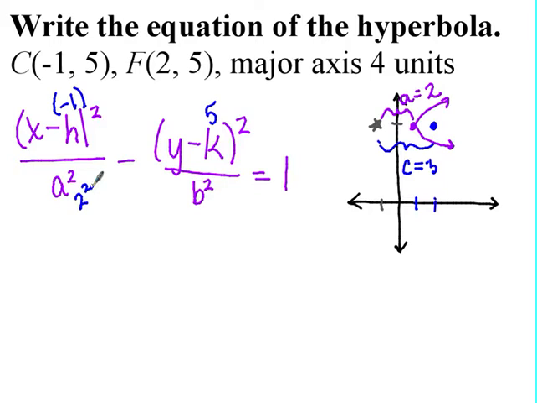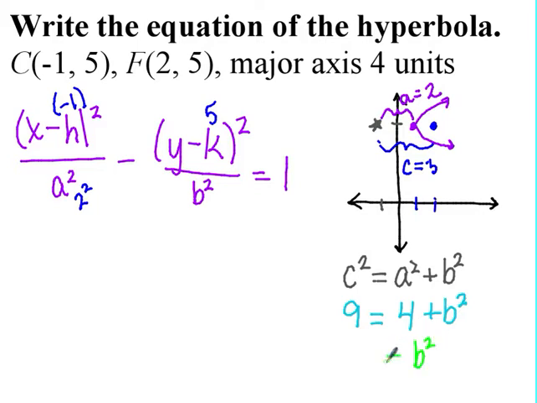And so in order to find B, I'm going to have to use the fact that C equals 3. And so if you remember that nifty little formula, what was the formula? A squared plus B squared. Good. Okay, so I know that C squared is 9. A squared is 4. What does B squared have to equal? Now, you don't have to go any further beyond that, because in your formula, you just need B squared.